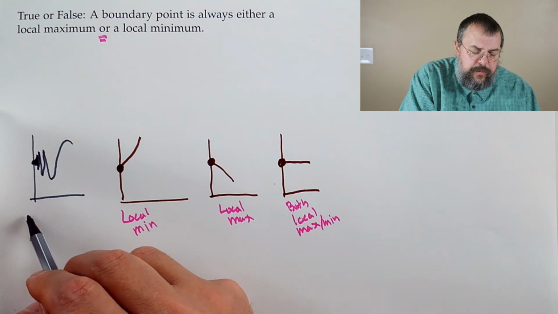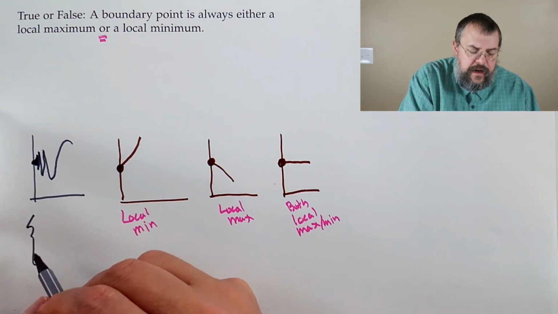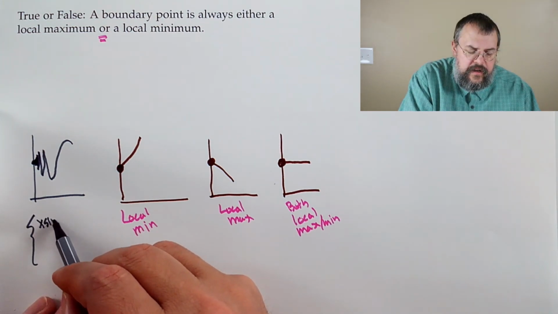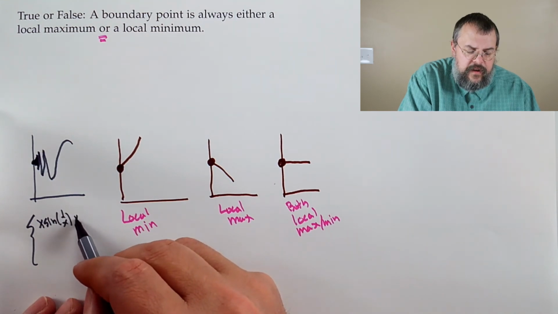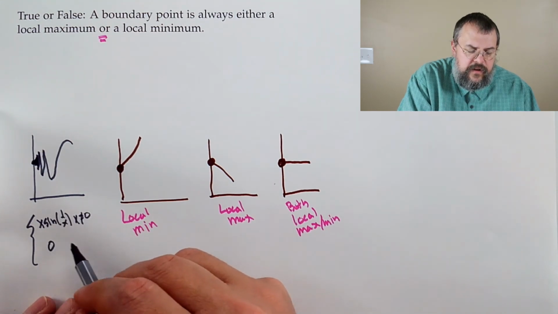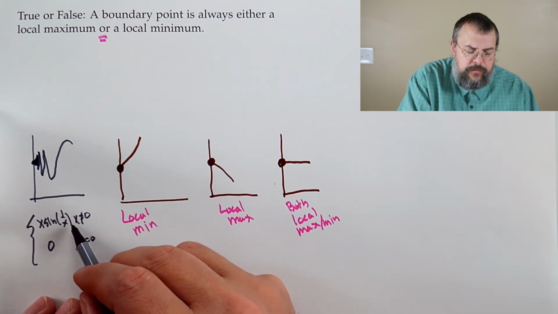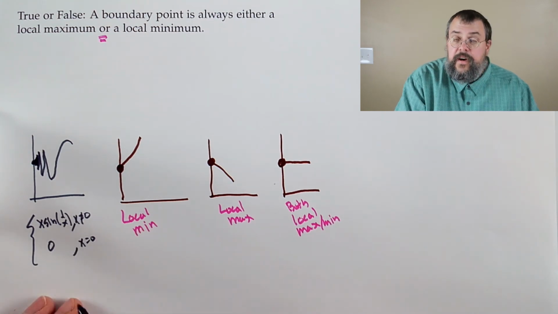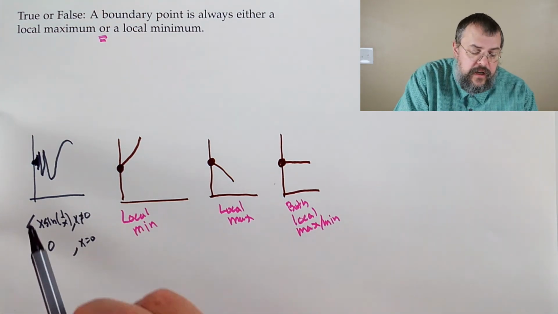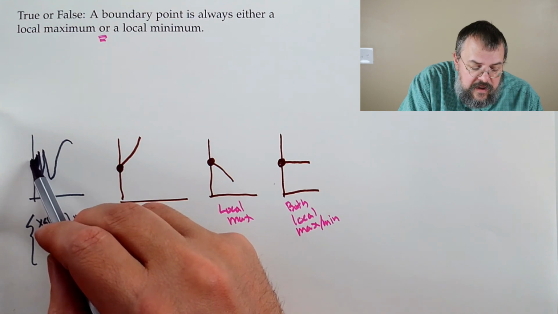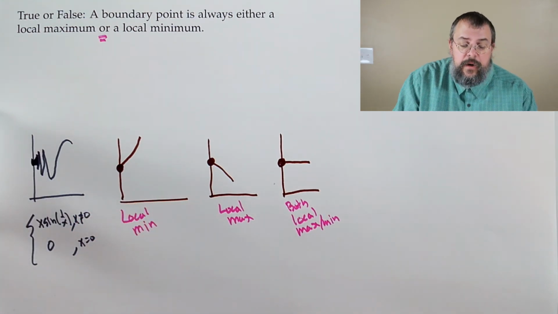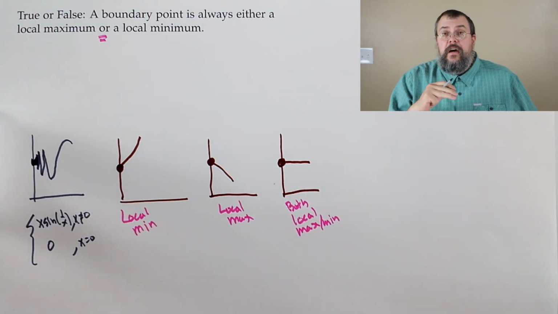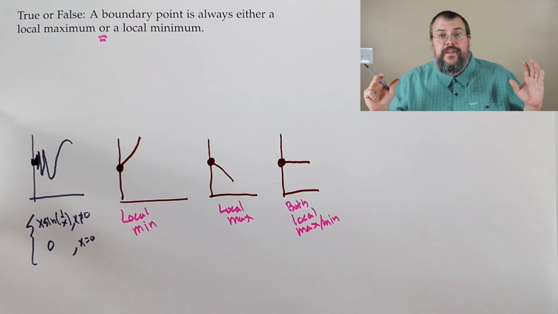So an example here we could have is x sine 1 over x if x is not 0, and 0 if x equals 0. Okay? That's a function that has this type of behavior. And notice that if we started at 0, it would be a boundary point. Our function's continuous.